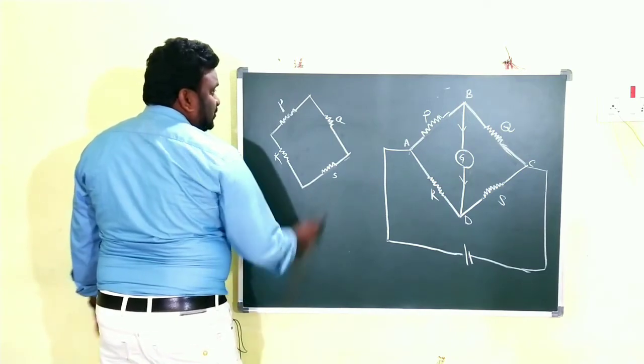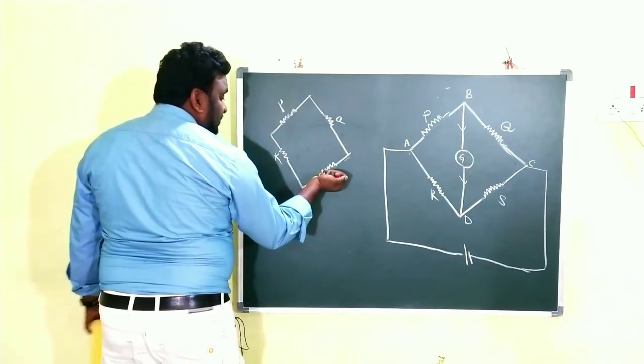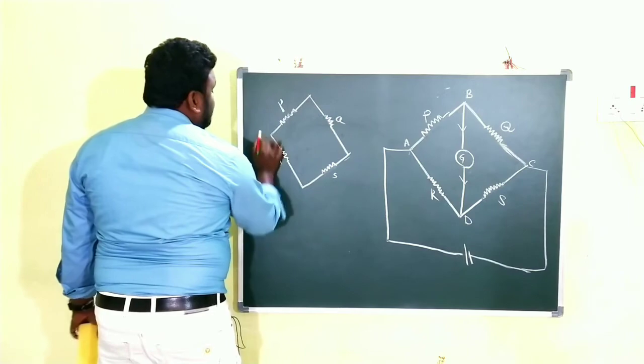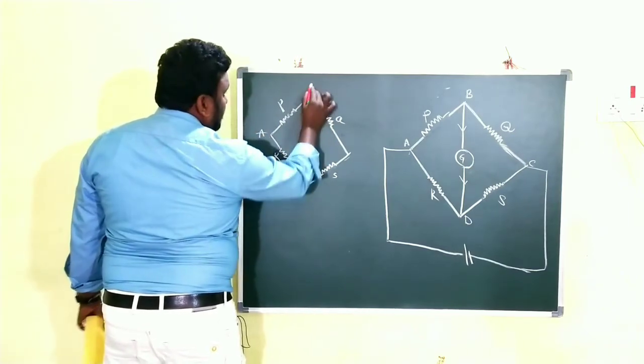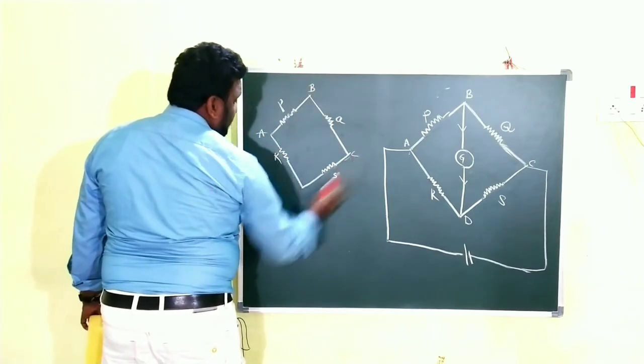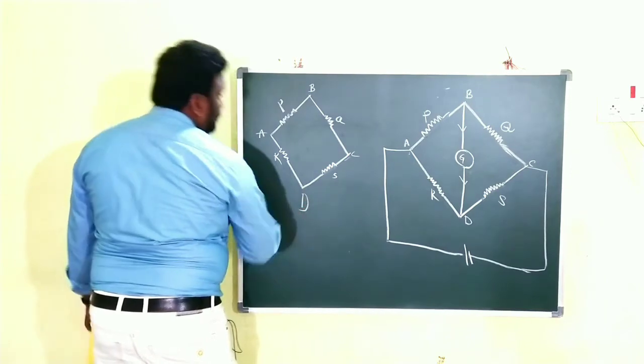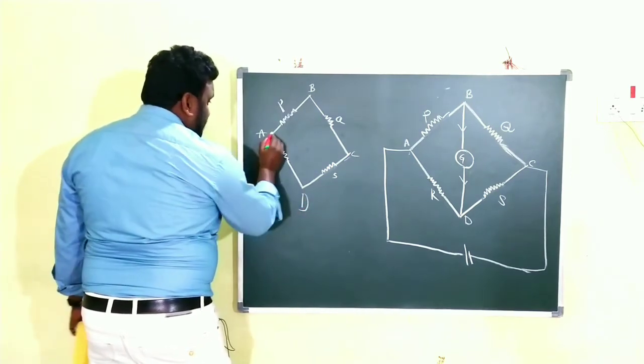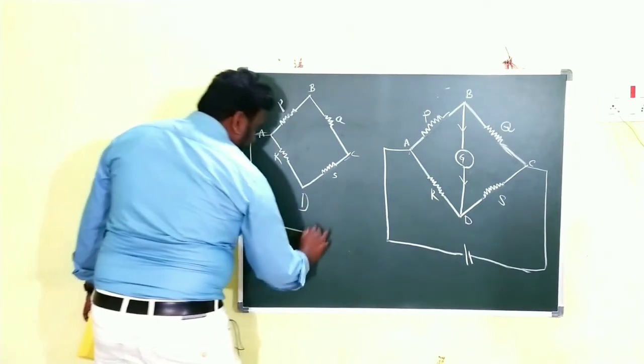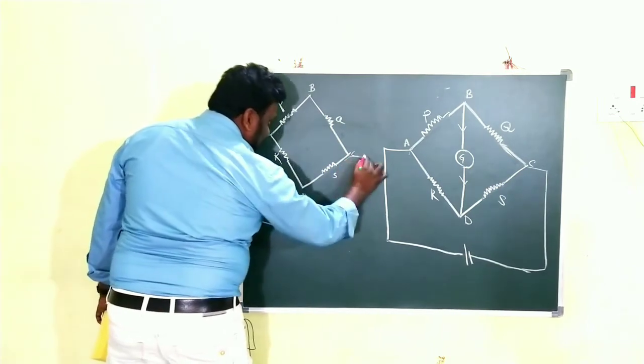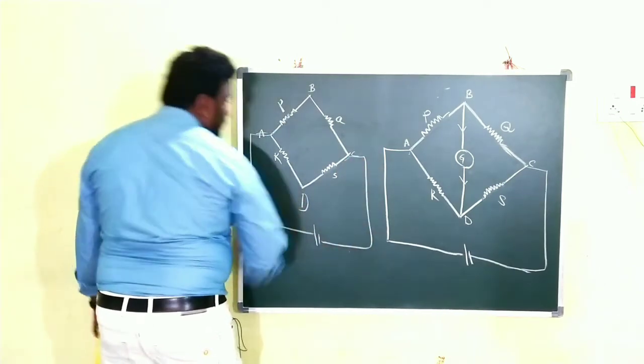Clear children? In the diagram we have the points A, B, C and D. Here one cell is given, like this.